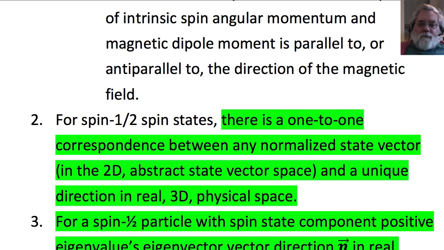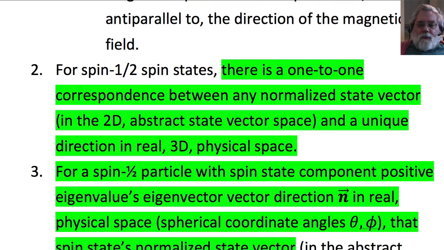For spin 1/2 states, there's a 1-to-1 correspondence between any normalized state vector in the two-dimensional abstract state vector space and a unique direction in real three-dimensional space.